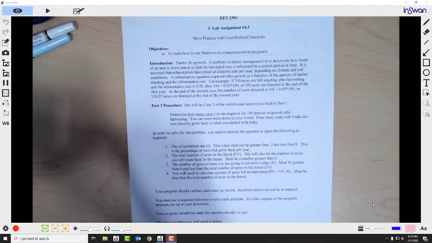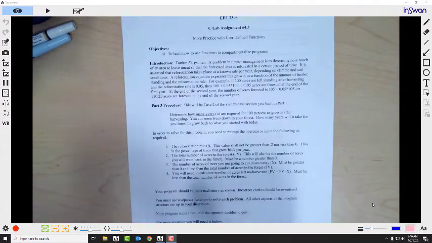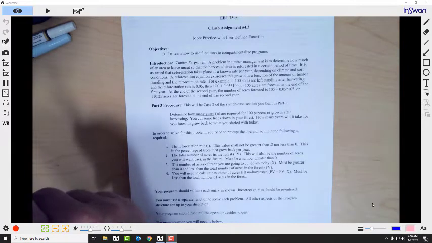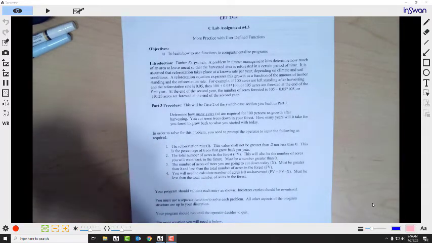The government wants to know how long it's going to take to regrow those trees back to their original forest size.